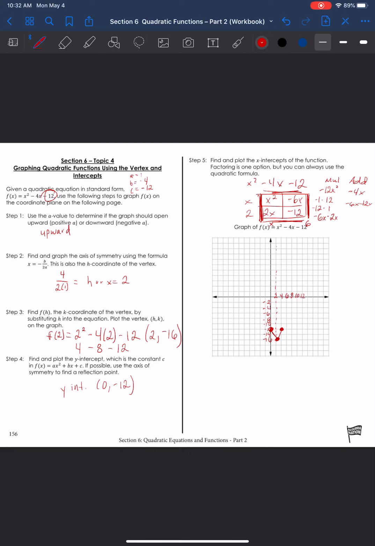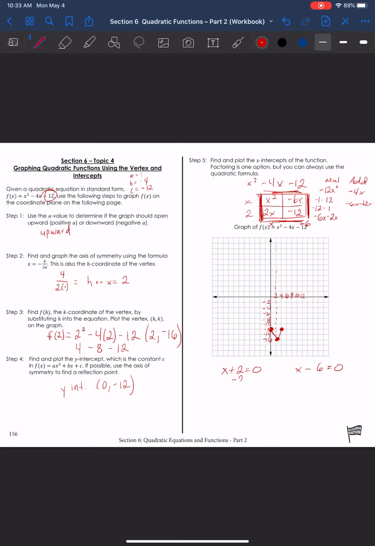Now here's where I'm going to check my work. x times x gives me x squared. 2 times x gives me 2x. 2 times 6 does not give me negative 12, so I'm going to make this a negative 6, and that'll work. And then x times negative 6 gives me negative 6x. So I know that my zeros are going to be x plus 2 equals 0, and x minus 6 equals 0.